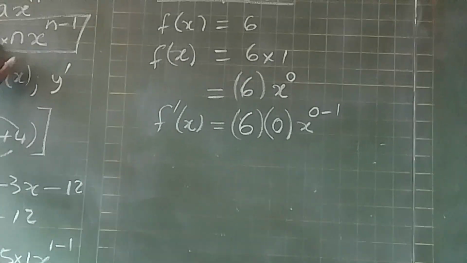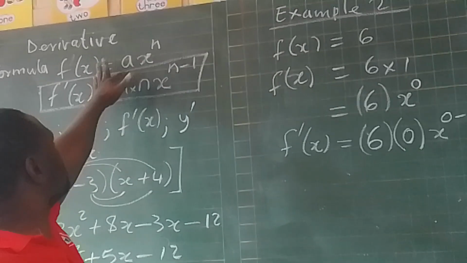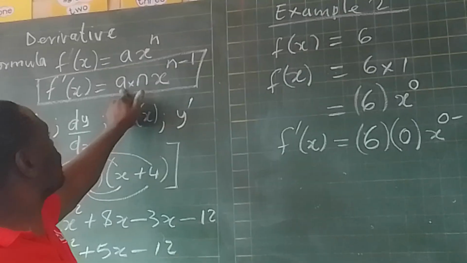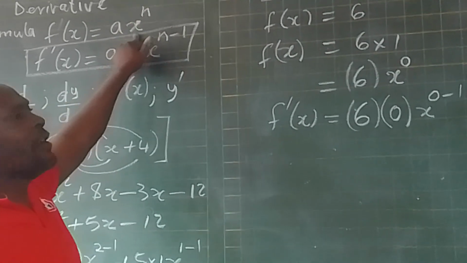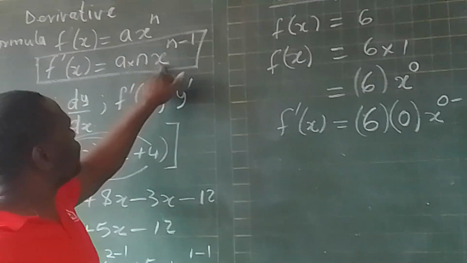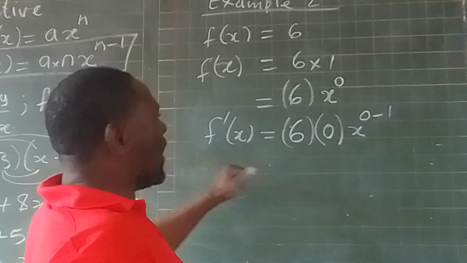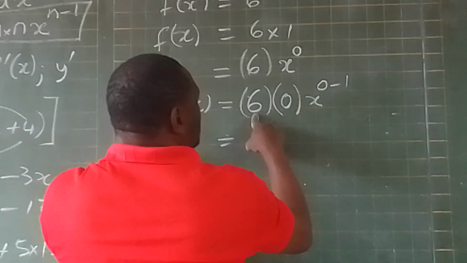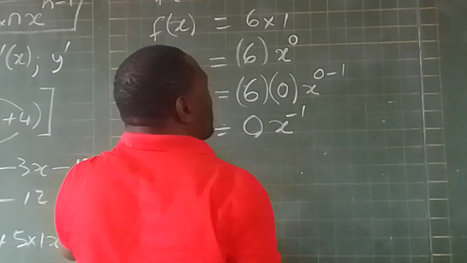This is the formula that says if you have the function ax to the power n, you simply take the coefficient, which is a, multiply it by the exponent of x, then you put your x and you reduce that power by 1. So this is going to be 6 times 0 is 0, x to the power of minus 1.